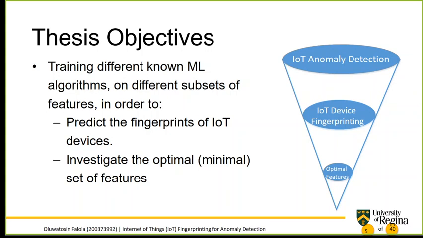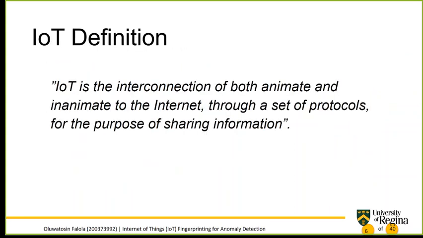And also we want to investigate the optimal set of features. Before we get deep down, the picture just beside it is saying that we're going to talk about anomaly detection, then drill down into IoT device fingerprinting, and then talk about the optimal features of those devices.